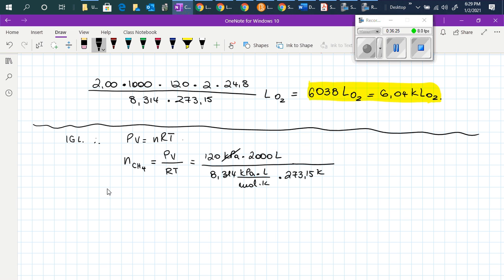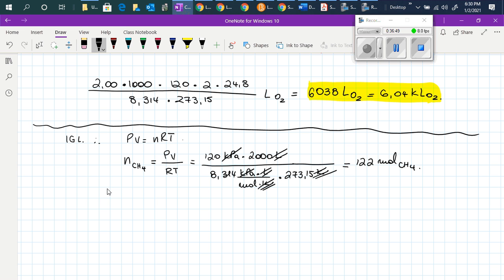So kilopascal and kilopascal is canceled out. Liters and liters is canceled out. Kelvin and Kelvin is canceled out. And you are ending up with 122 moles of methane.